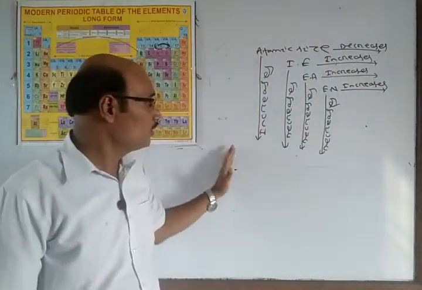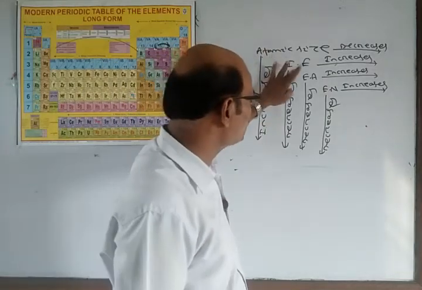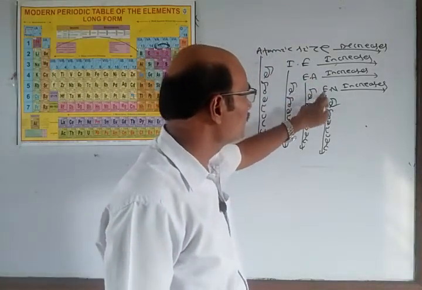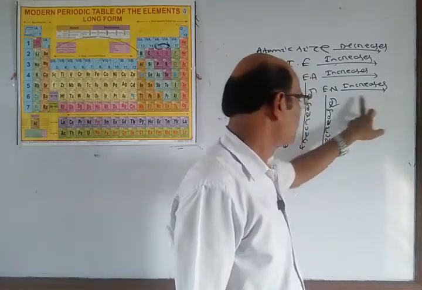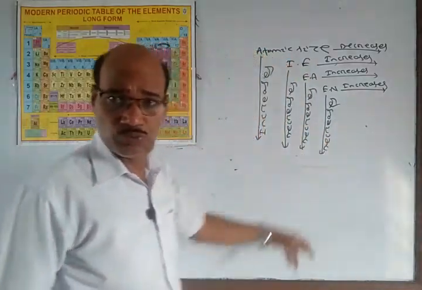Ionization energy increases along the period and decreases along the group. Electron affinity increases along the period and decreases along the group. Electronegativity increases along the period and decreases along the group. So, only the atomic size decreases along the period and increases along the group. All the other properties, like ionization energy, electron affinity and electronegativity, increase along the period and decrease along the group.